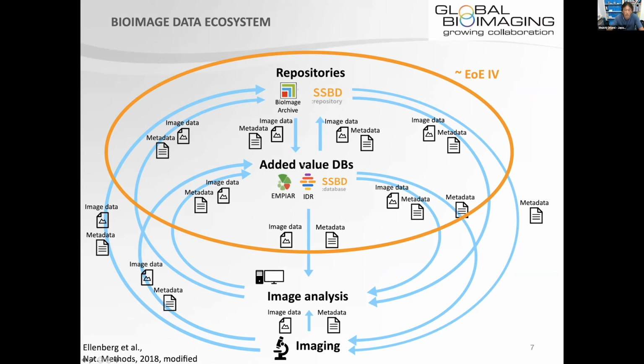We discussed the repository and the added value database, and what kind of image data, image format, and metadata is appropriate for this area of the system. We have reached a certain level of conclusion, and because of that, we are now writing a conclusive paper.